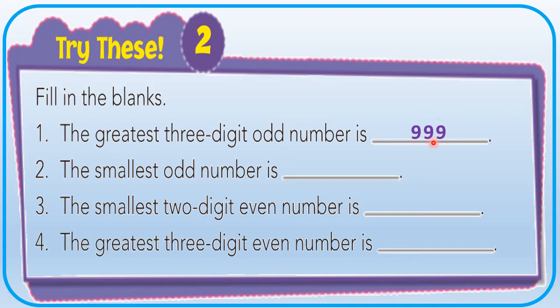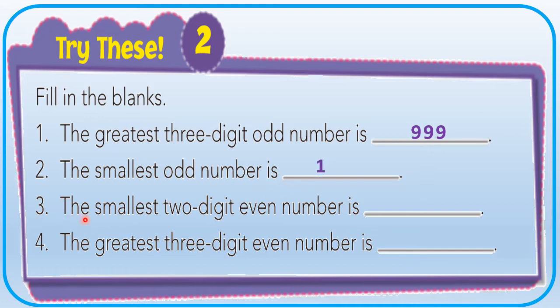Therefore, this is an odd number also. The answer for our question, the greatest 3-digit odd number is 999. Number 2, the smallest odd number is. The smallest odd number is 1.